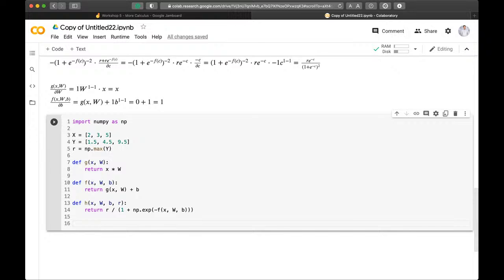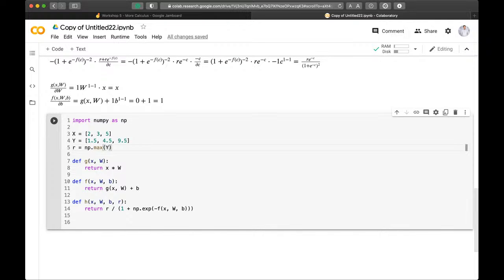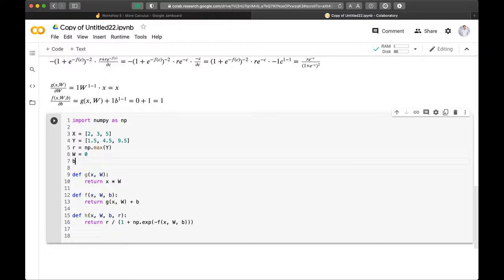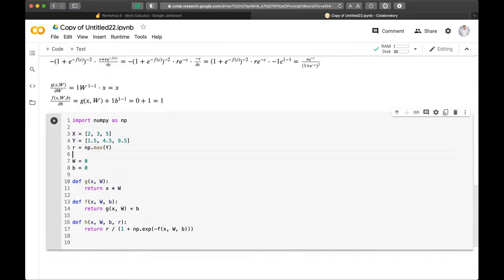We have the h as y prime. And we forgot about the weight and bias, right? So let's initialize weight and bias in a manner that is appropriate. I guess we can initialize them to 0, and then it's very nice to debug: if we initialize those two to 0, we can see if they go in a positive or negative direction.